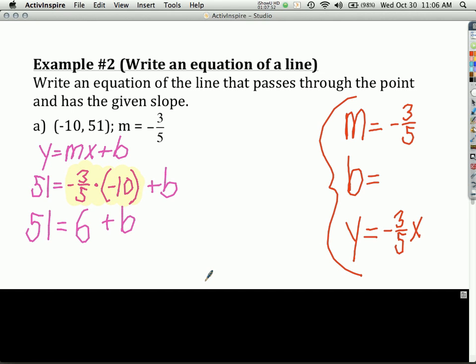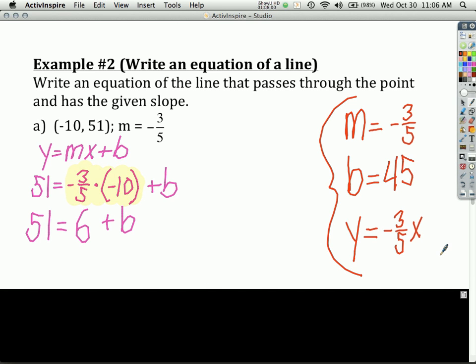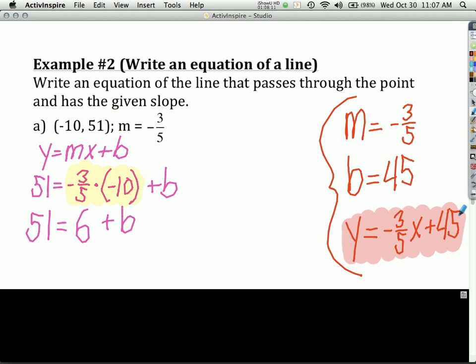Mental math. What is b equal to? Tristan? It's 45. So our equation is y equals negative 3/5 x plus 45. And that is what we were looking for. Does anyone have any questions on how we did that?